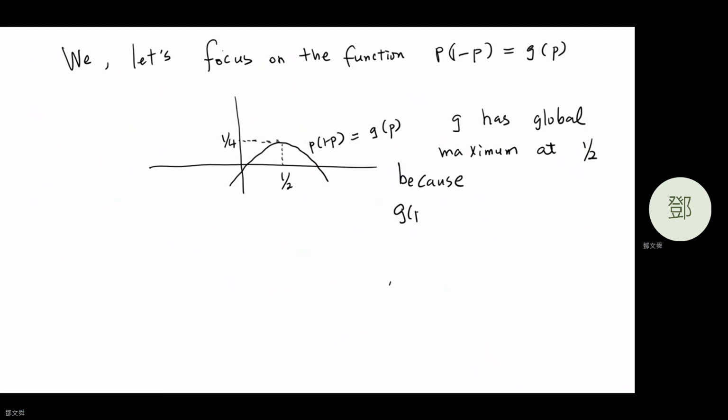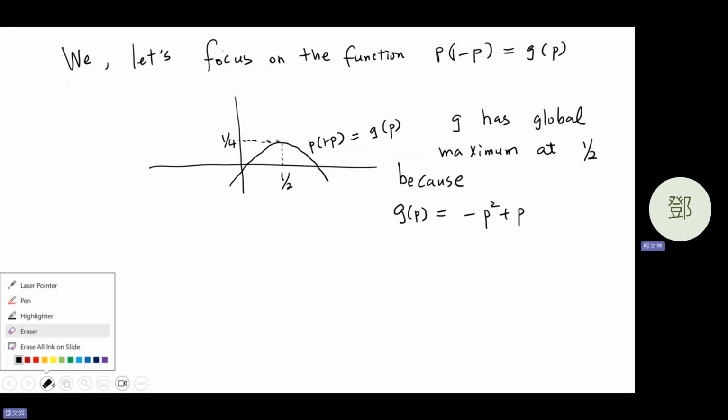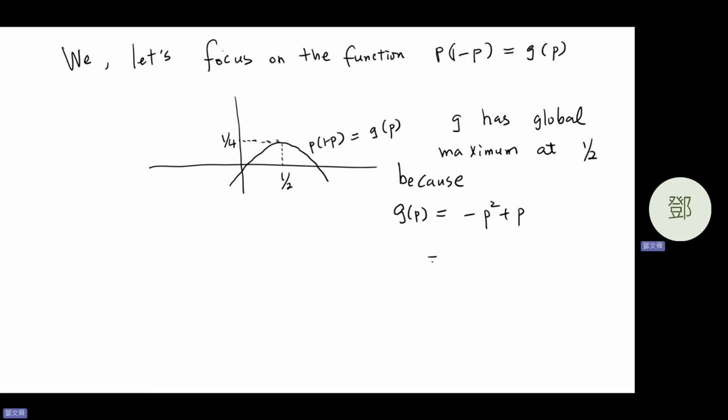Because G of p is equal to minus p squared plus p, which is equal to minus the quantity p minus 1 over 2 squared, plus 1 over 4.